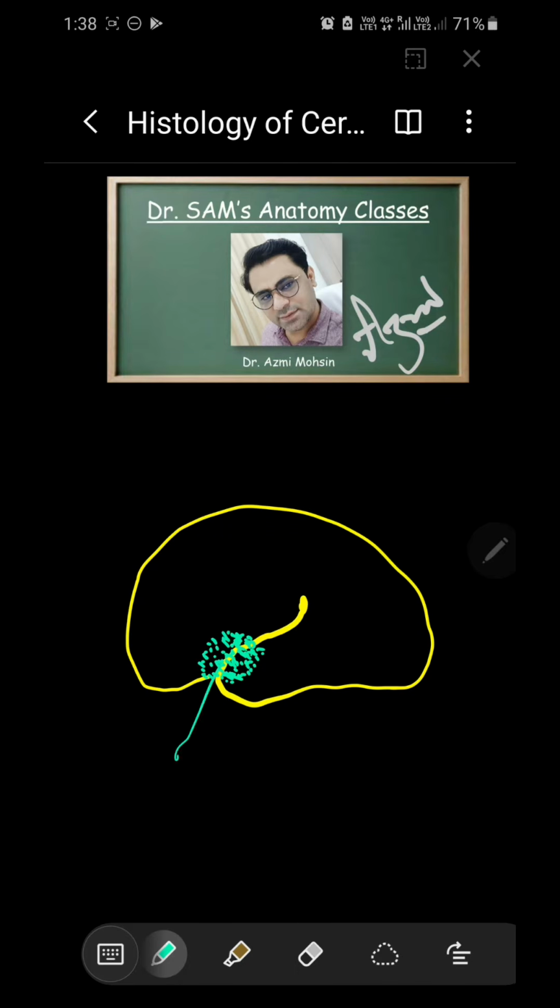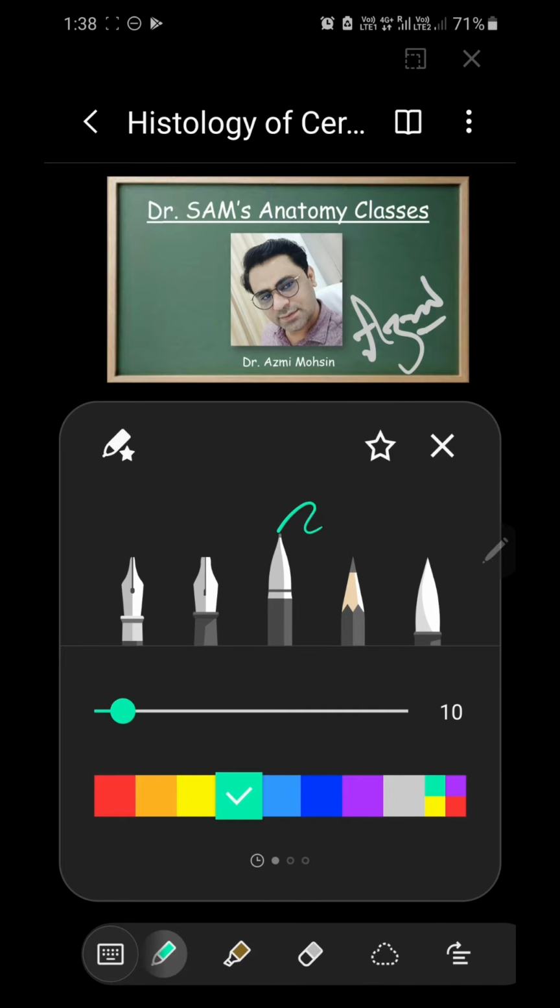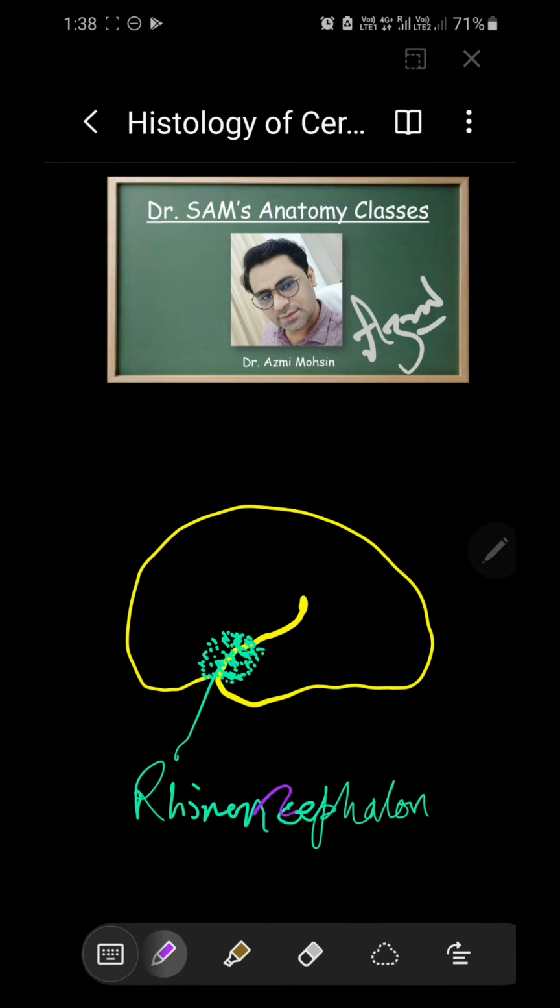So remember that, and this is called the rhinencephalon. Got it? And this rhinencephalon is a part of the allocortex. Allocortex is also called archipallium.